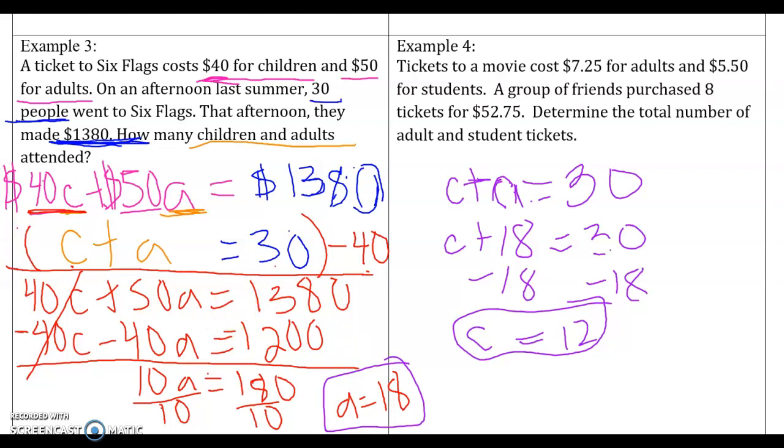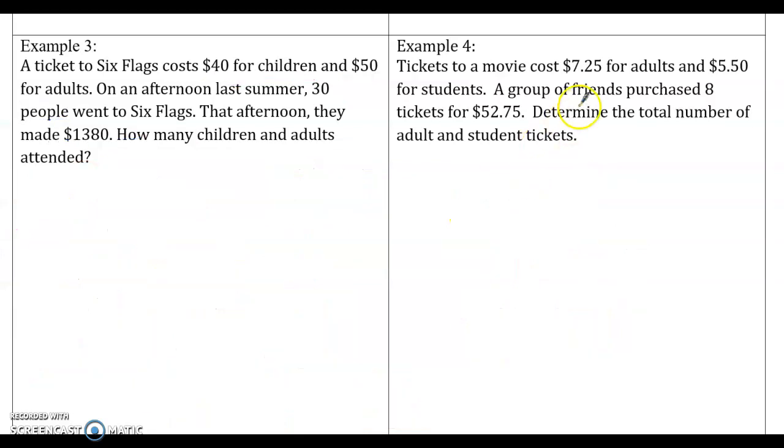Okay, so let's do one more. We have tickets to a movie that cost $7.25 for adults and $5.50 for students. A group of friends purchased 8 tickets for $52.75. So let's put the numbers that are similar together. So we're going to put all the money numbers together.